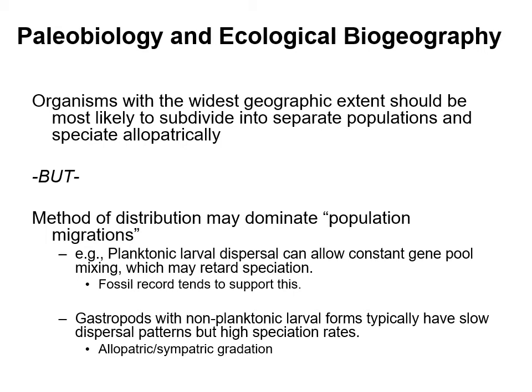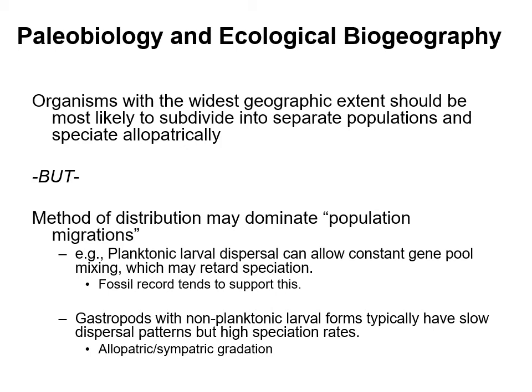However, the method in which we distribute these organisms really dominates what we call population migration. So there's a couple examples here. One, planktonic larvae. Organisms that have planktonic larvae can disperse those into a constant gene pool because of mixing, and so then we don't really have a lot of speciation, and the fossil record does tend to show evidence of this.